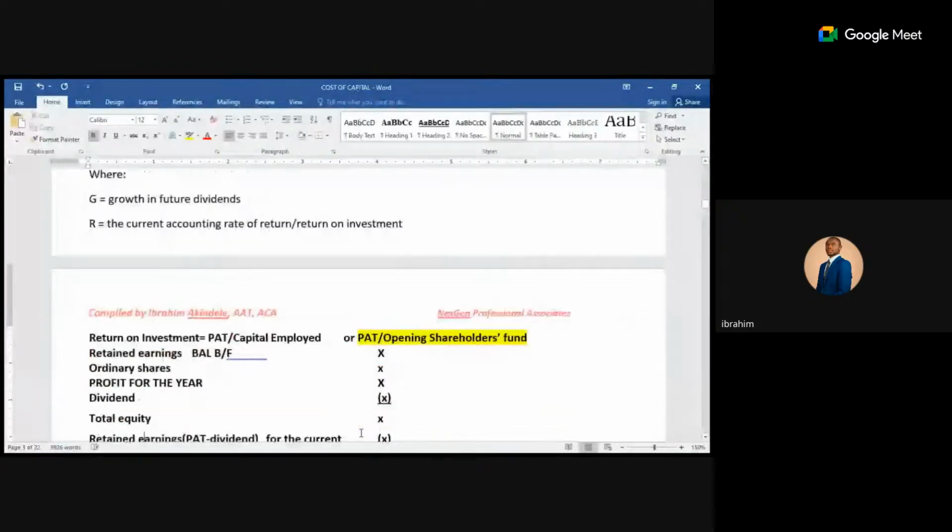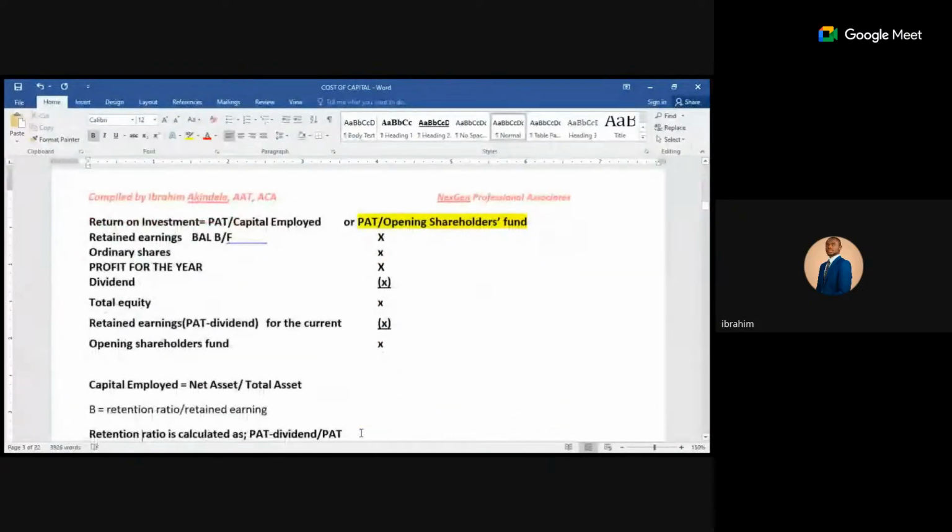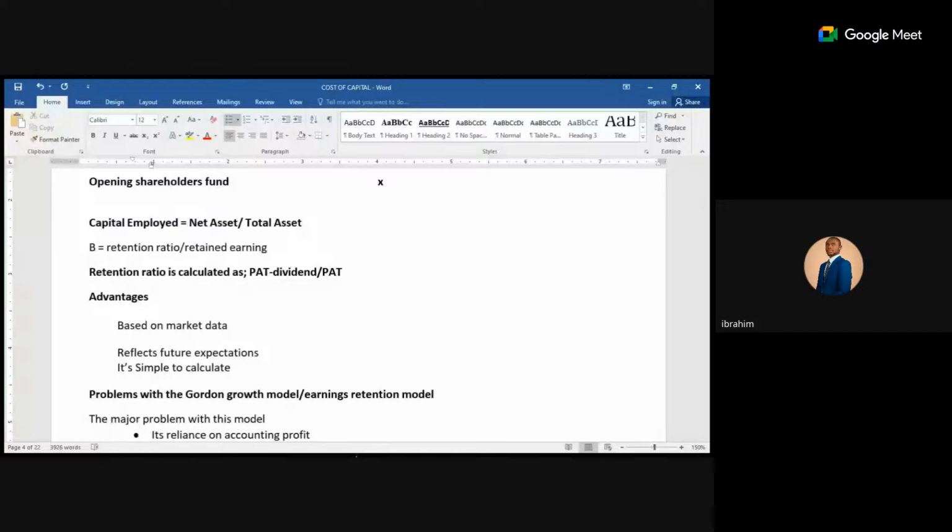It assumes that dividend will grow. Class, what are the advantages of Gordon's growth model? Don't forget, the dividend valuation method is only applicable to a company that is paying dividend. The advantage is that it is based on market data.